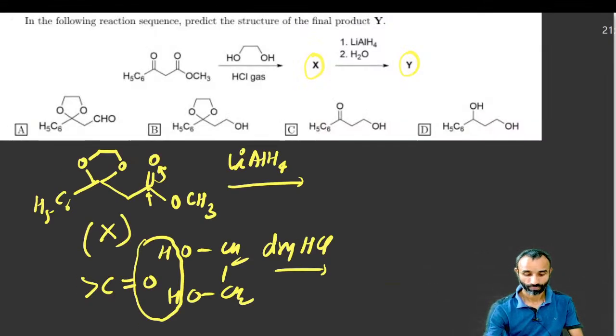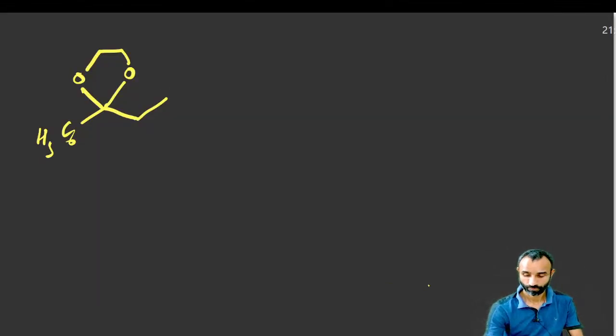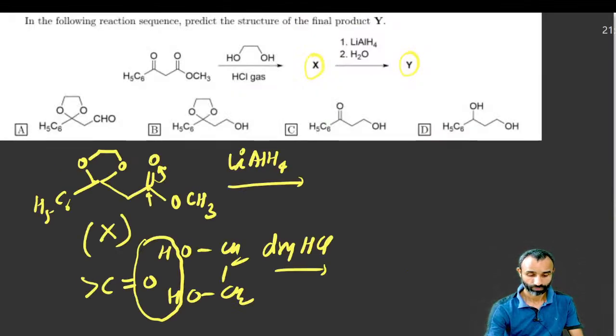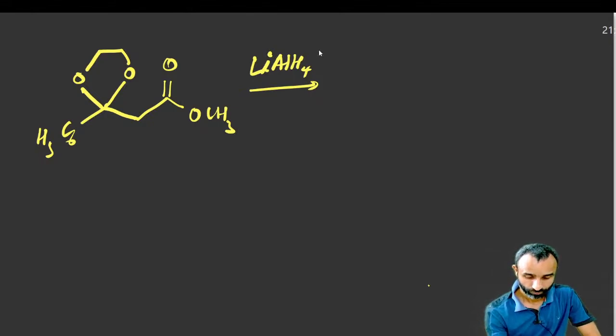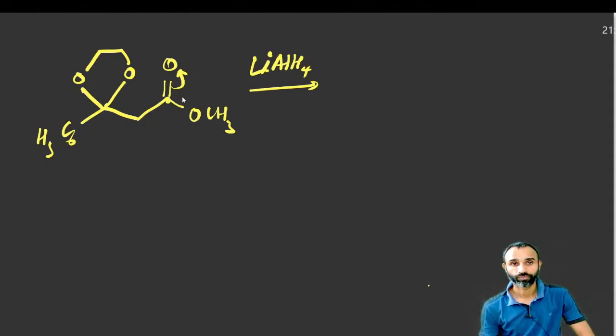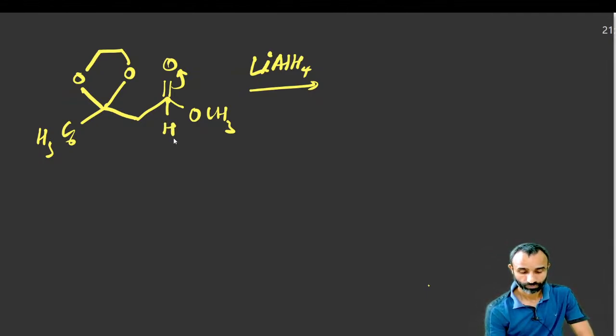See, we have this C6H5. So lithium aluminum hydride will give H negative, and that H negative ion attacks here, and H plus from water will attack oxygen.